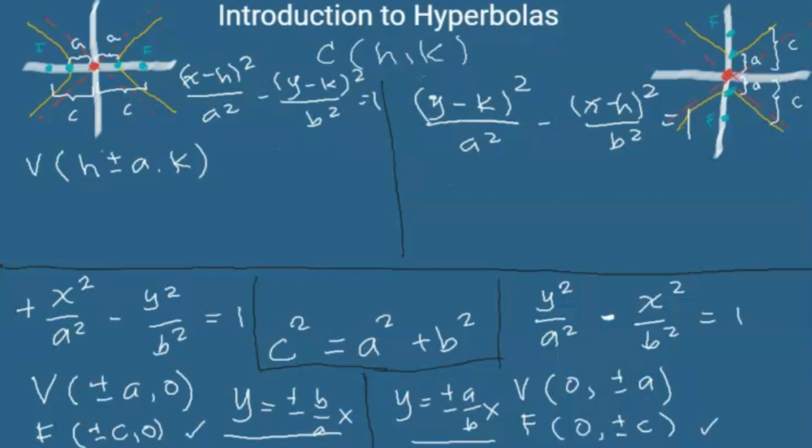And for the foci, it would be h plus or minus c, and then k. And the equation for the asymptotes would be y minus k is equal to plus or minus b over a times x minus h.